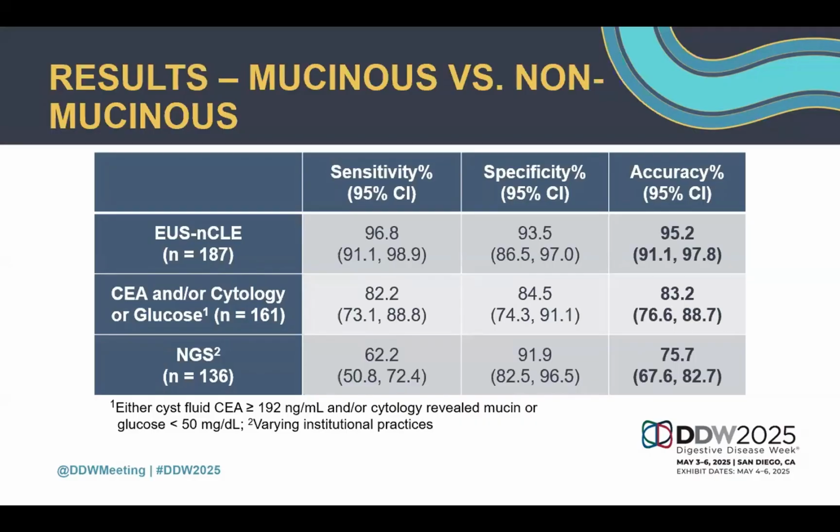As we can see here, the diagnostic accuracy of EUS-nCLE was 95% in comparison to cyst fluid analysis and NGS, which were 83% and 76% respectively. It should be noted that the NGS practices have varied among the participating institutions, using different assays in accordance with their institutional policies. This may explain the relatively lower diagnostic performance that we can see with this diagnostic modality.